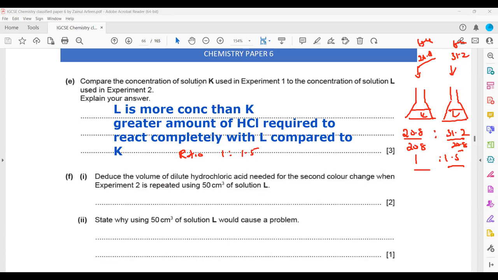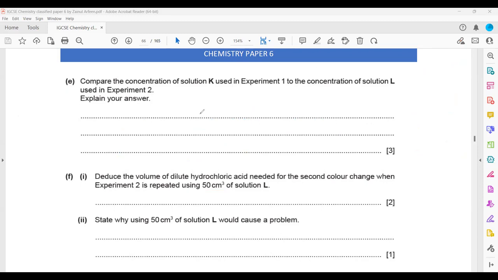Yes, clear. The next one: deduce the volume of hydrochloric acid for the second color change when experiment 2 was repeated with 50 cm³ of L. Look, first, when we did this experiment, we took 25 cm³ of L. And how much hydrochloric acid was needed?